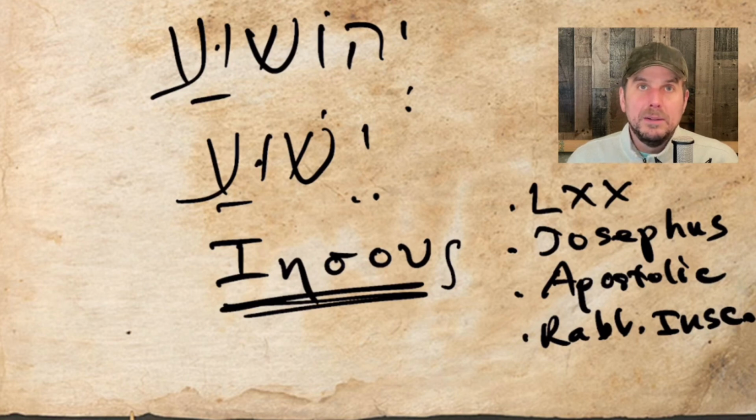So while we can look at a name like Isaac and see all this variation, with the name Yeshua, we see almost zero variation.